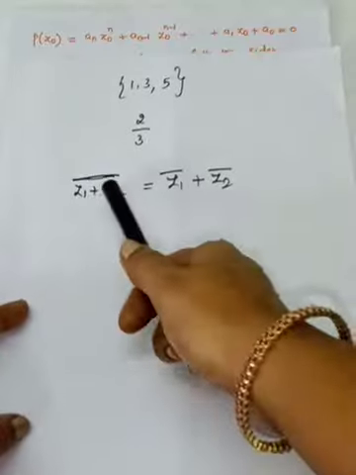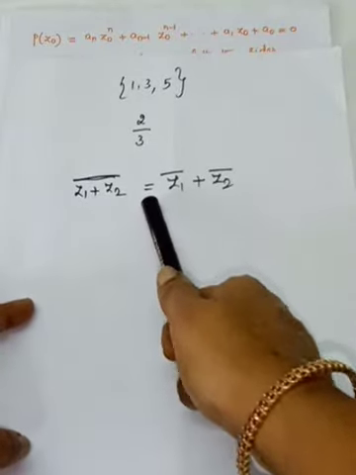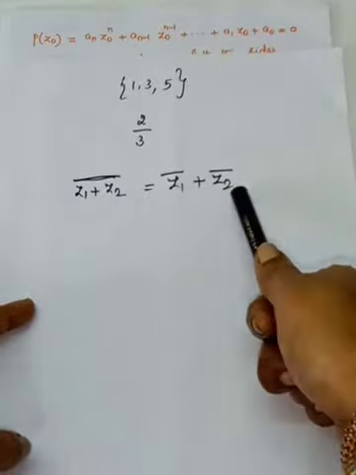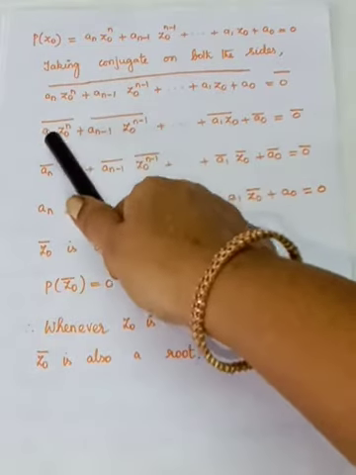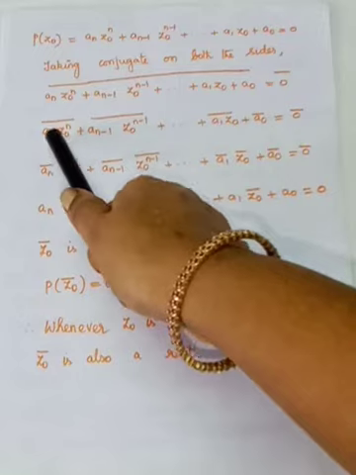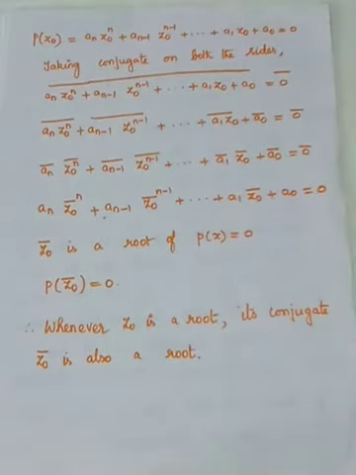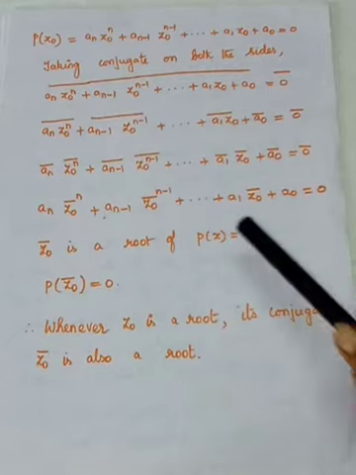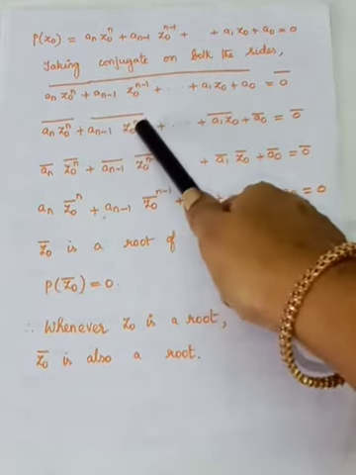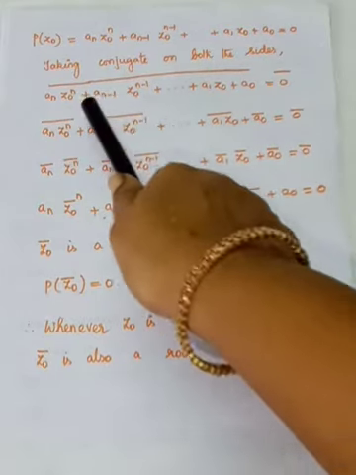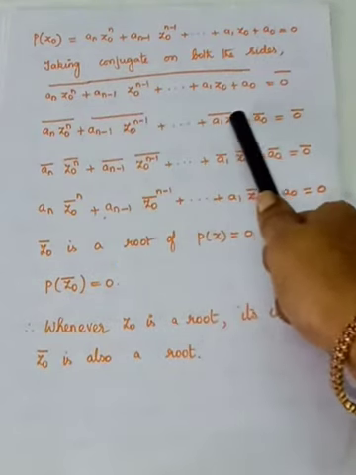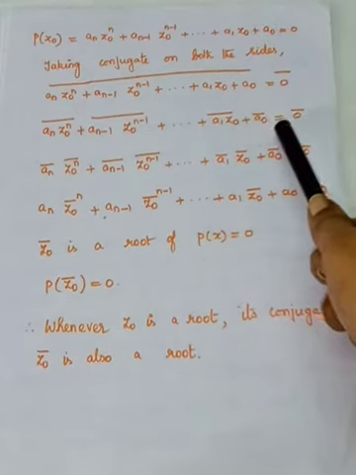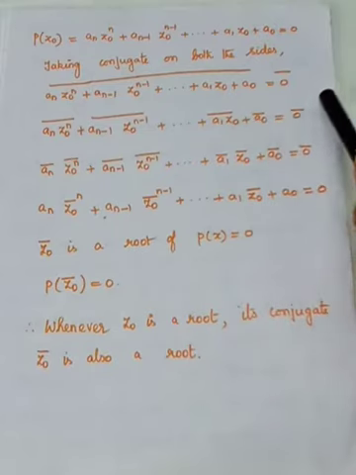So the conjugate of the sum of two complex numbers is equal to the sum of their conjugates. Here I have written each term separately along with its conjugate. Therefore, an z0 power n whole bar plus an minus 1 z0 power n minus 1 whole bar plus etc. a1 z0 bar plus a naught bar is equal to 0 bar.